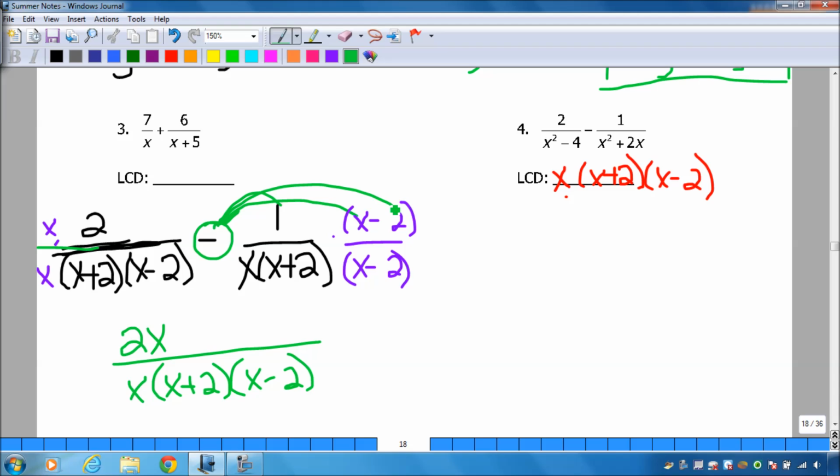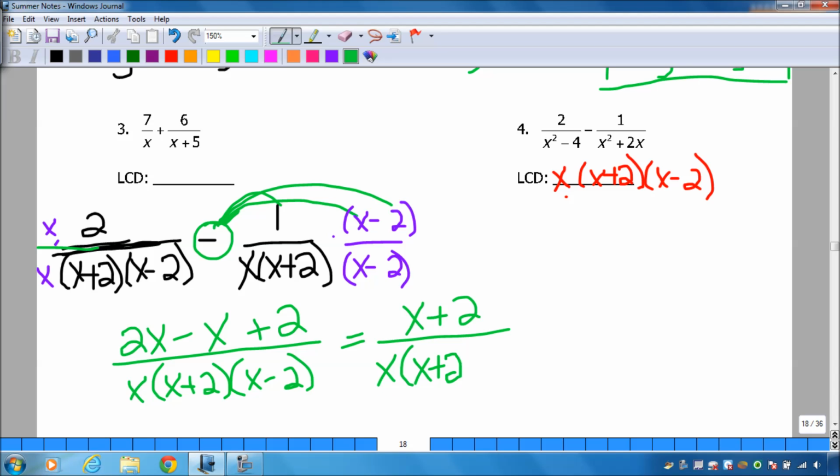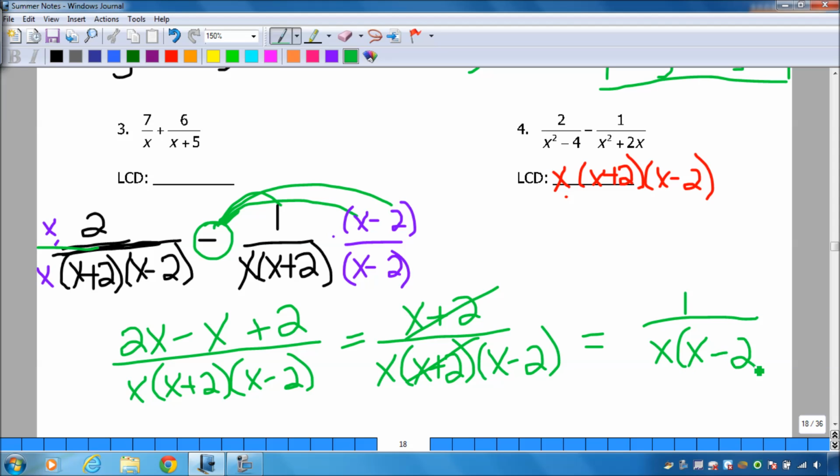So negative 1 times x becomes negative x, and negative 1 times negative 2 becomes positive 2. Combining your like terms, you end up getting x plus 2 over x times x plus 2 times x minus 2. You are allowed to cancel this factor with this factor. Remember, you still have a 1 left over in your numerator, so your final answer is 1 over x times x minus 2. Okay?